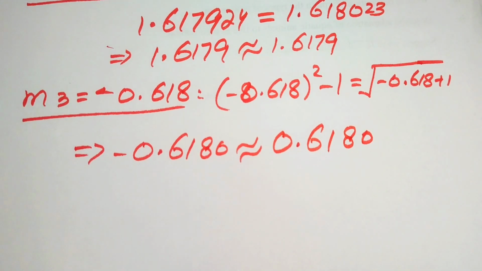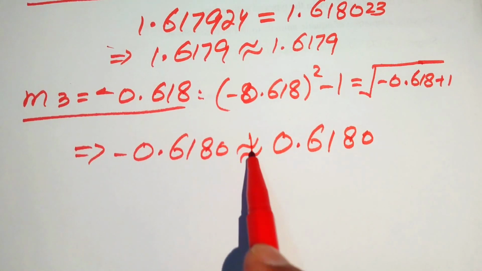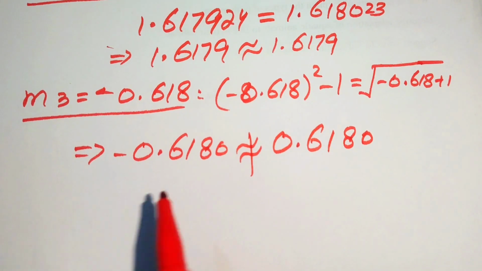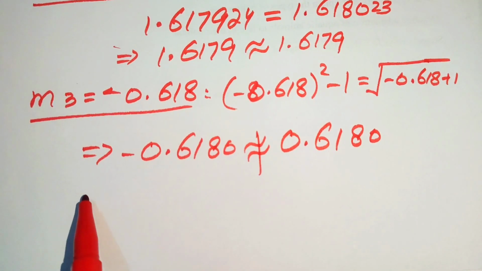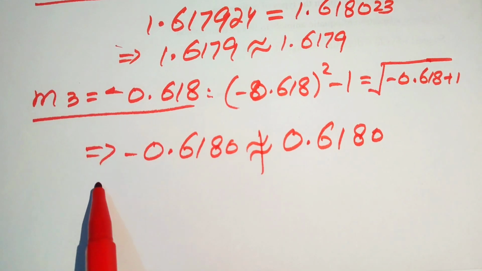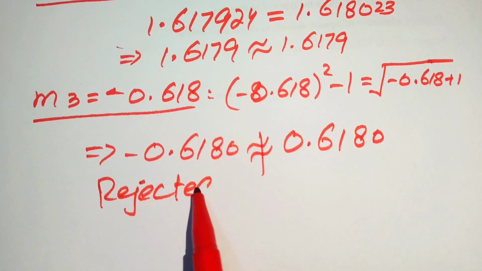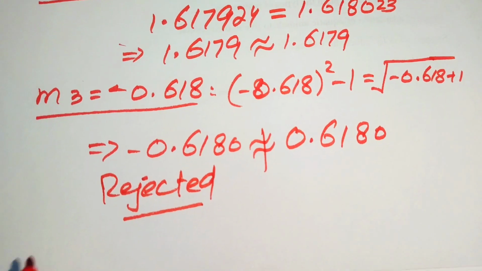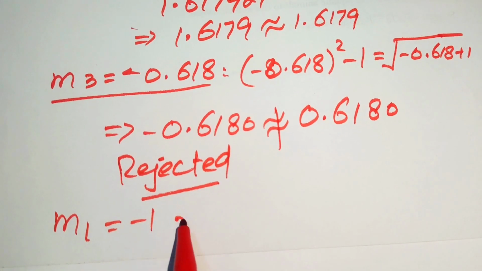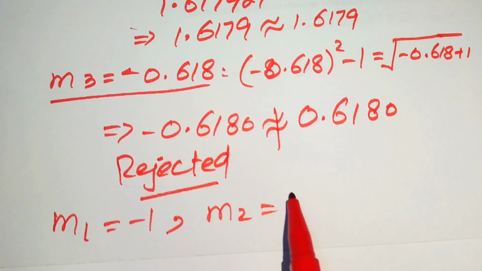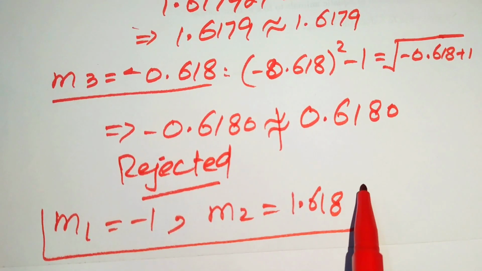But the left hand side is negative and the right side is positive, so these are not equal. It means that the third root does not satisfy the given equation. We reject this root, or we call it an extraneous root. So the given equation has only two roots: m1 equals minus 1 and m2 equals 1.618. These are the two solutions of the given equation.